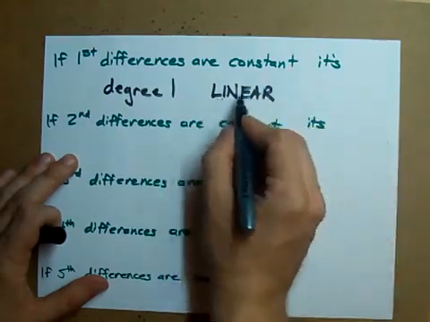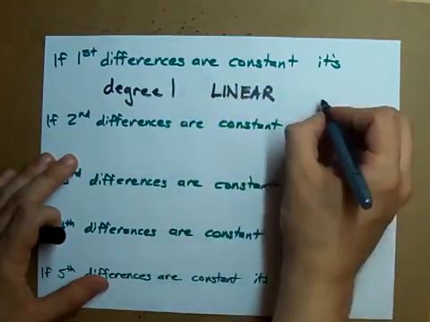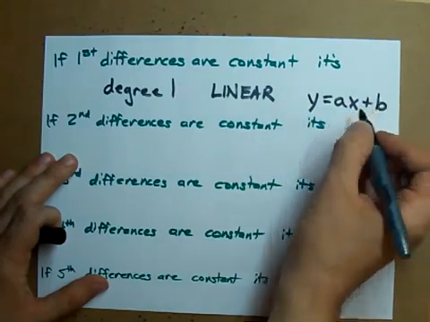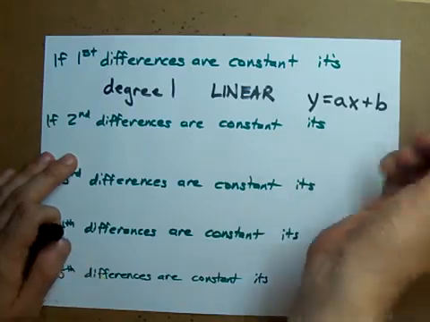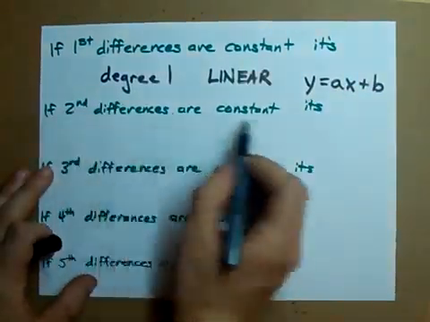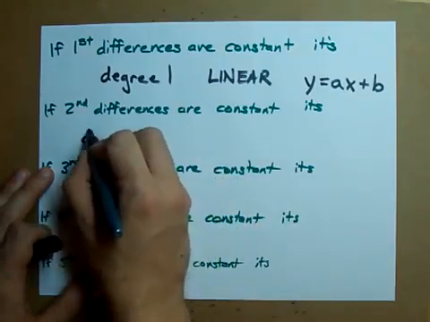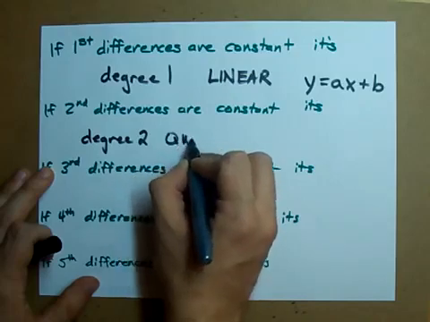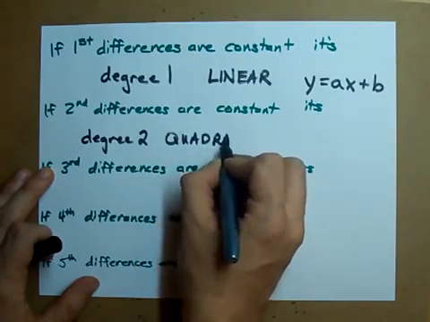The equation for the polynomial would be y equals ax plus b, or possibly mx plus b if you're used to slope y-intercept form. The second differences were constant for my equation that had degree 2, which I like to call a quadratic.